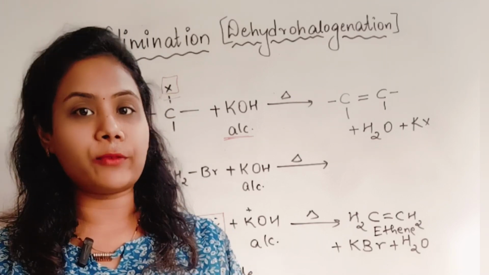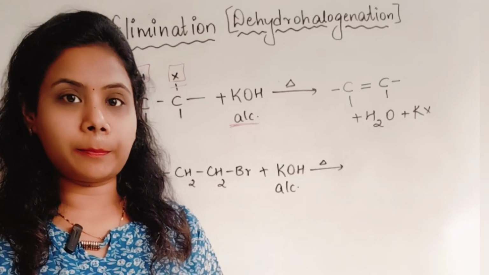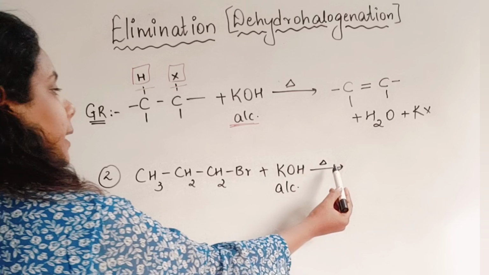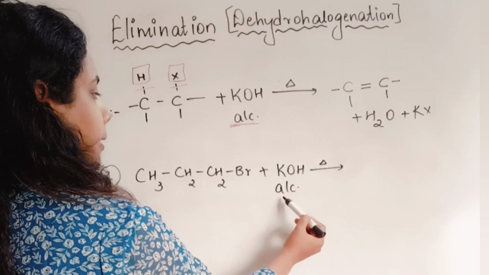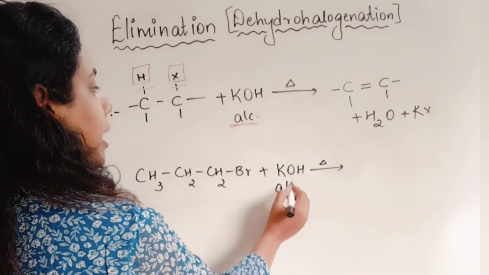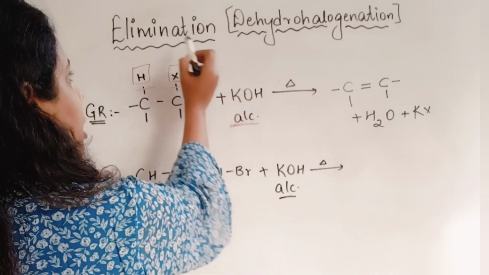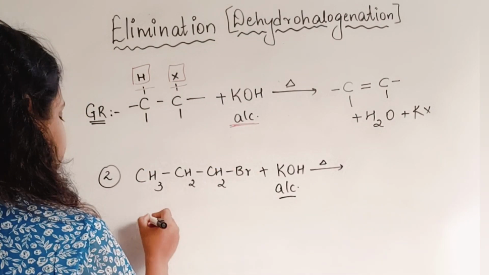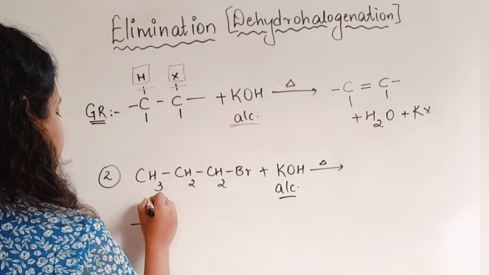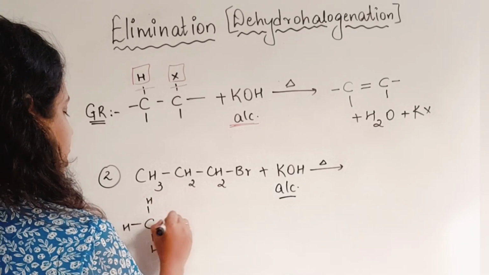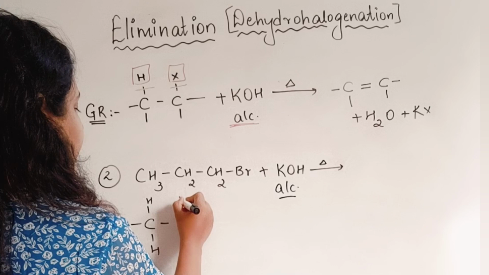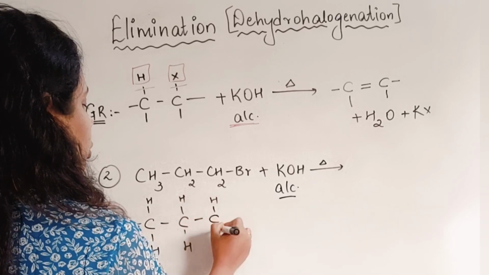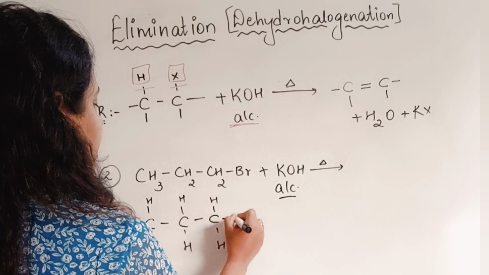Let us have a look at a few more examples. In the second example, let us look at propyl bromide heated with alcoholic KOH. Remember, we need to use alcoholic KOH in order to carry out elimination reaction. So first of all, we are going to expand this. This will be CH3, then on the second carbon 2 hydrogen, on the first carbon 2 hydrogen, and this is the Br.